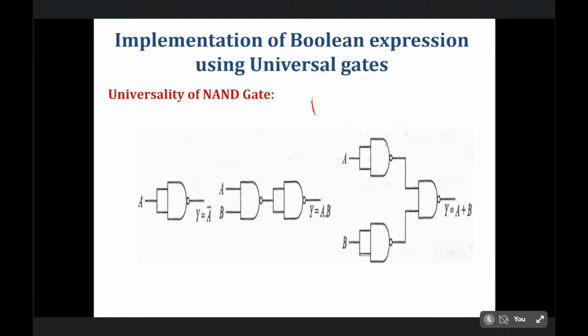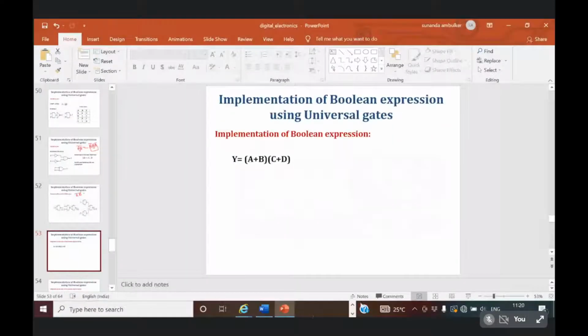We are talking about the two-input NAND gate, indicated by the bar. For the NOT operation, the inputs are the same.